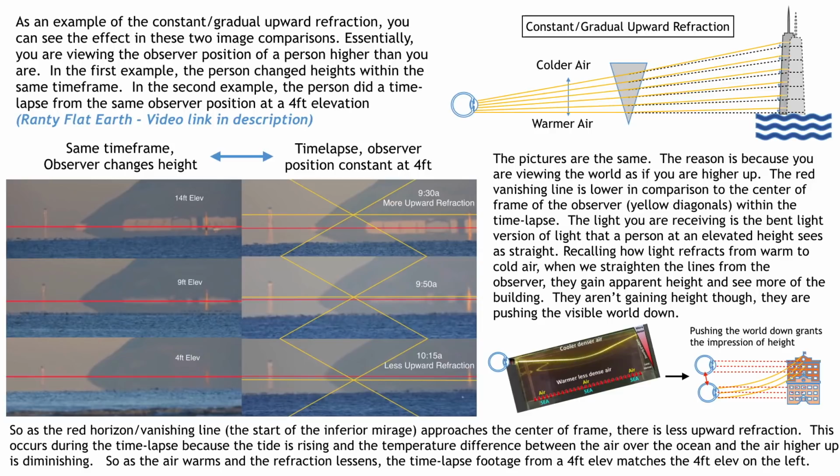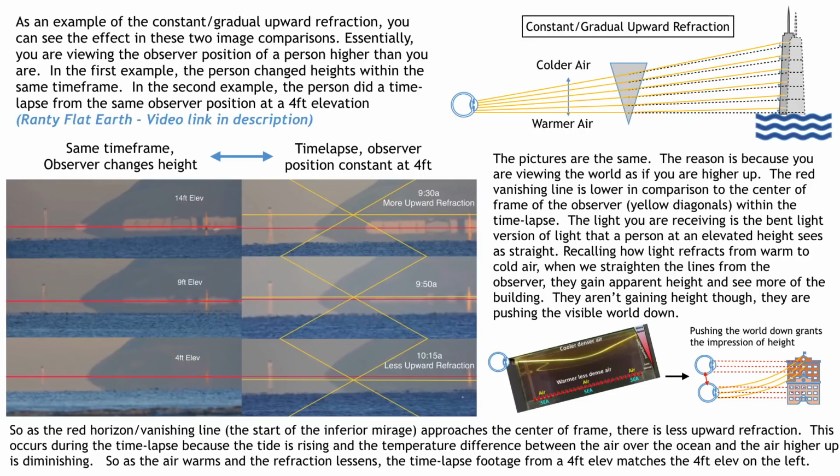And you can compare the 9-foot elevation to the 9:50 a.m. elevation. They're essentially the same again. And then when they go down to 4 feet on the left, it's essentially the same as 10:15 a.m. when we have less upward refraction, which makes sense. They're now essentially at the same refraction level, which is at a minimal, at their 4-foot elevation.